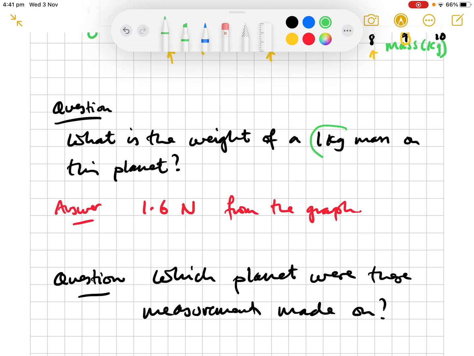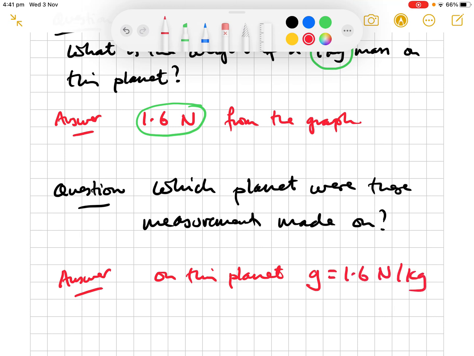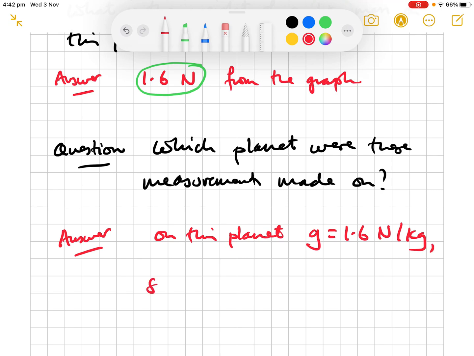Well, you've just worked out that a 1 kilogram mass weighs 1.6 newtons. So you know how many newtons there are pulling down on 1 kilogram. You know the number of newtons per kilogram. In other words, you've just worked out the gravitational field strength. So on this planet, the gravitational field strength g is 1.6 newtons for each kilogram.